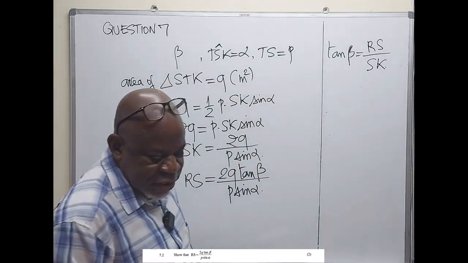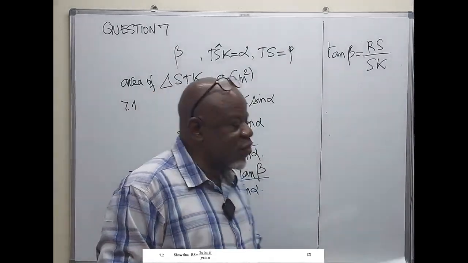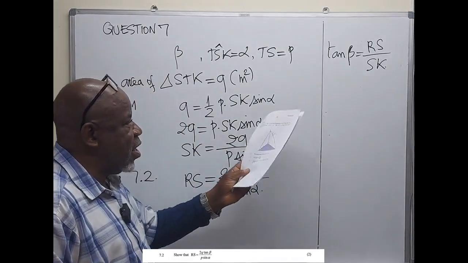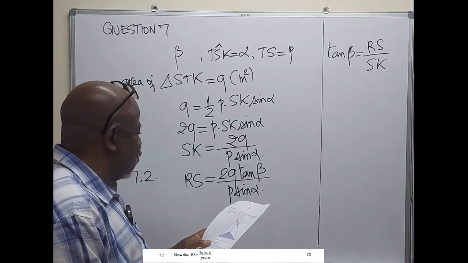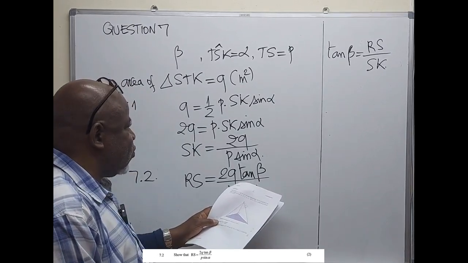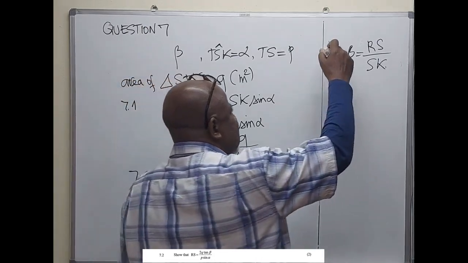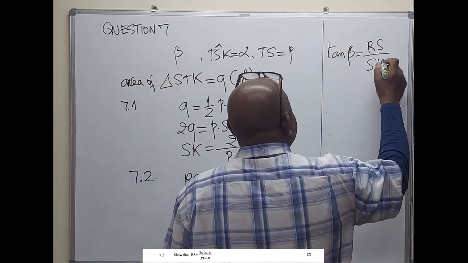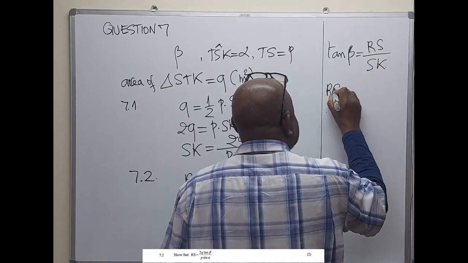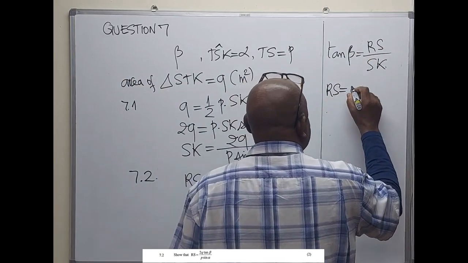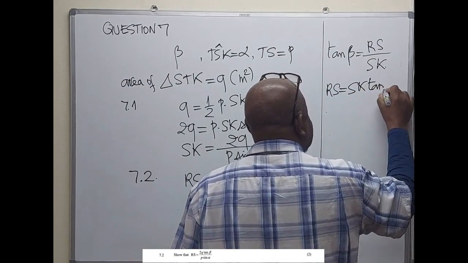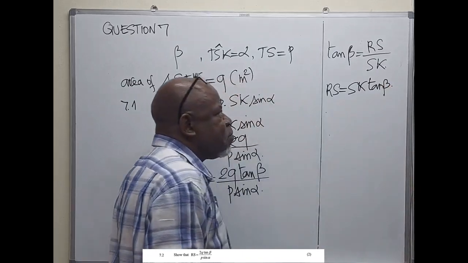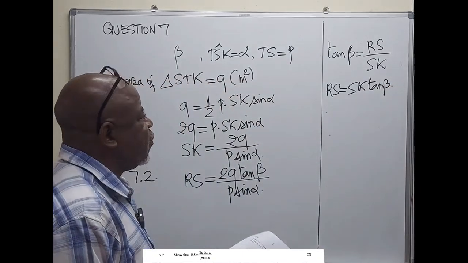So tangent beta is RS over SK. The question here is to show that RS is equal to this. If we consider this tangent beta, by cross multiplying, RS will be equal to SK multiplied by tangent beta. I think this is quite easy to understand.